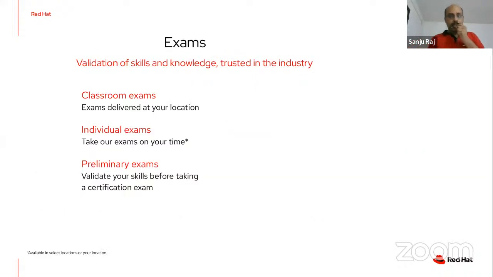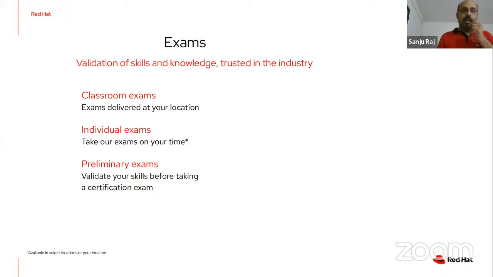When we talk about exams, we have different forms of exams available. One of them is the classroom exam, where you go to the training center and attend the exam, and multiple people will be simultaneously attending the exam along with you. Apart from that, we have individual exams, of which there are two forms.